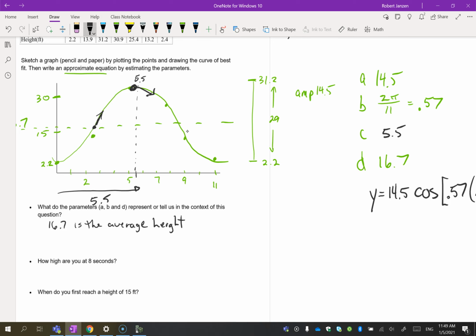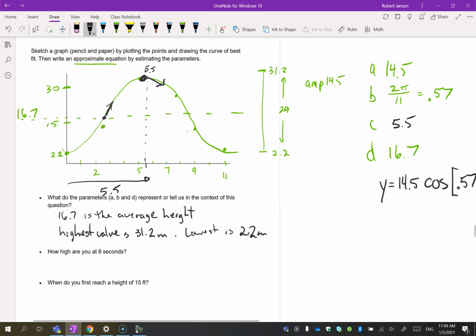So what this tells me is the highest value is about 31.2 meters, and the lowest is 2.2 meters, about. Okay? These questions are not going to get mad if you're a little bit off there, but that's what we're saying. We're approximately highest and lowest values.